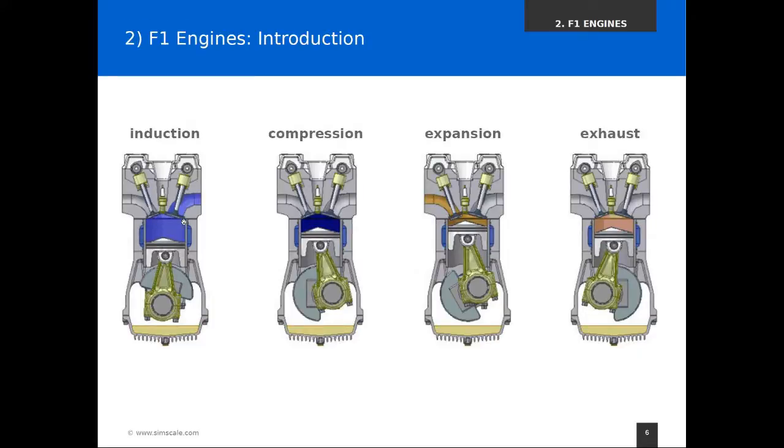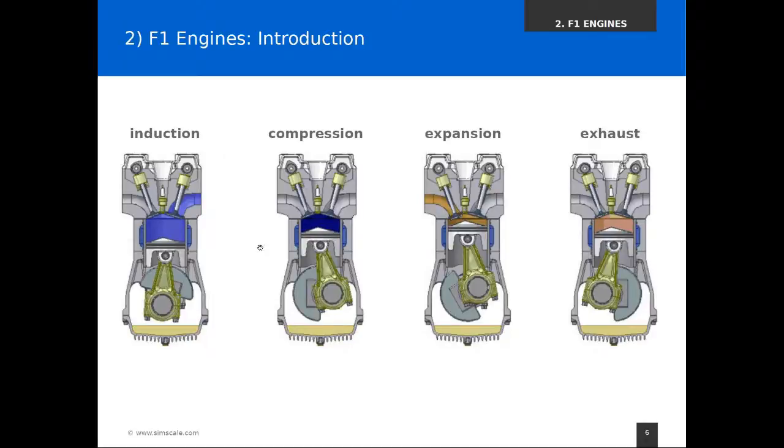So I hope you can now imagine how this works. The piston moves down, air and fuel come in from the right, go around the inlet valve because it's open, but cannot go out here because the outlet valve is closed. This is number one. This is how the fuel and the air get into the engine.